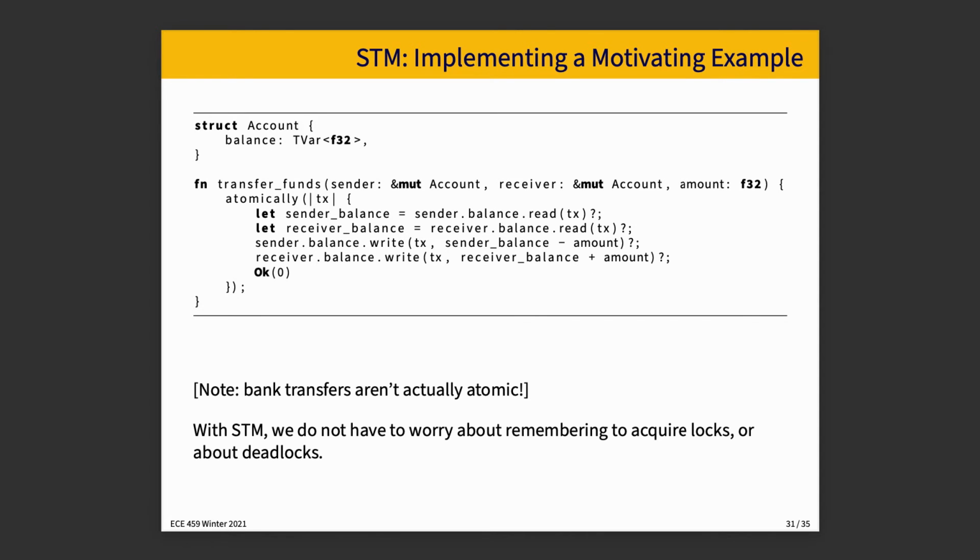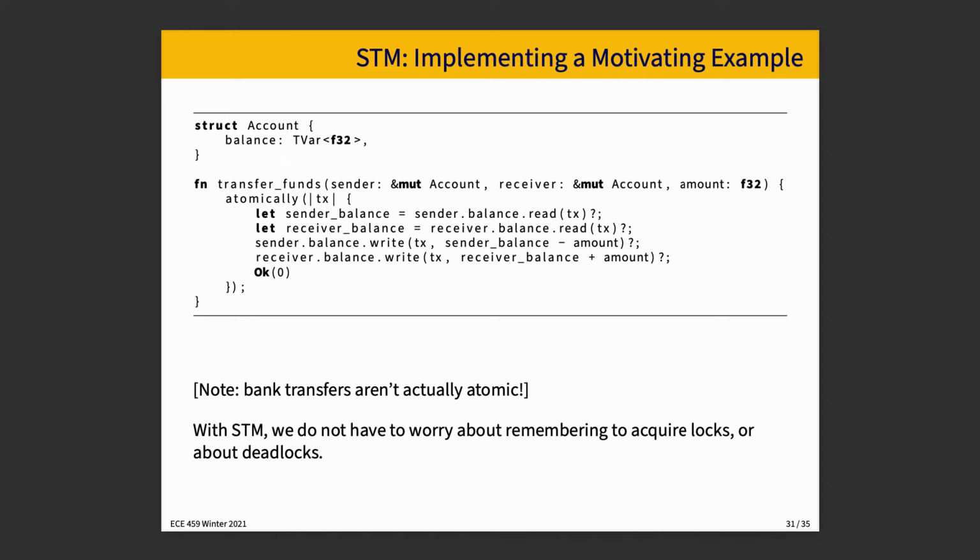All right. Here's a better example that gives you what we are looking for. We have an account. An account has a balance, as before, and in this case it is a transactional variable, TVar, which says that it is supposed to be accessed using software transactional memory. The balance is going to be a 32-bit floating point number.